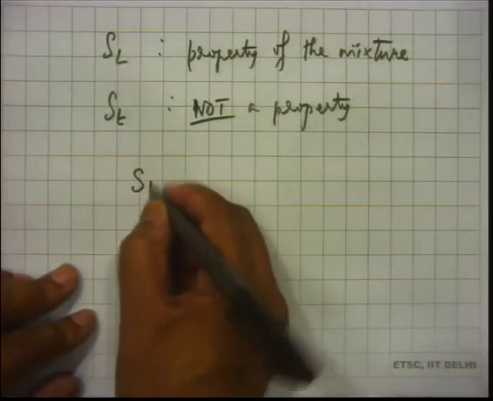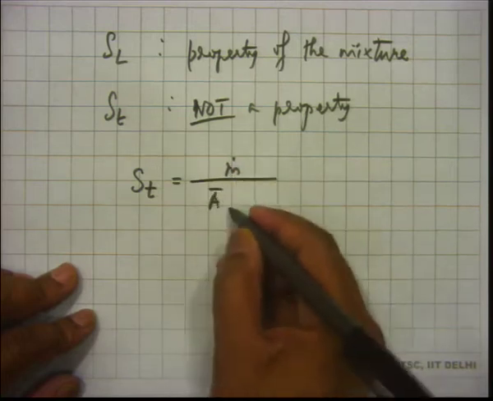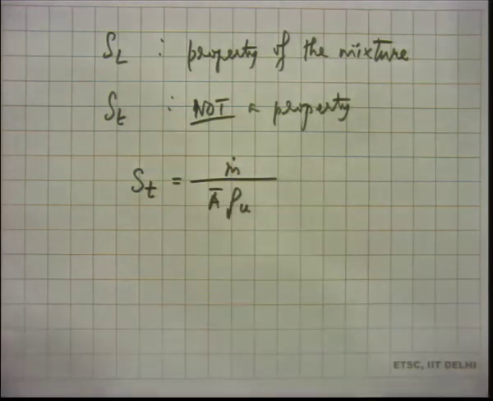So, you can define ST as m dot divided by rho u A bar. Now, what is A bar?